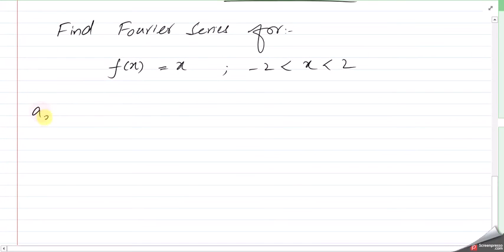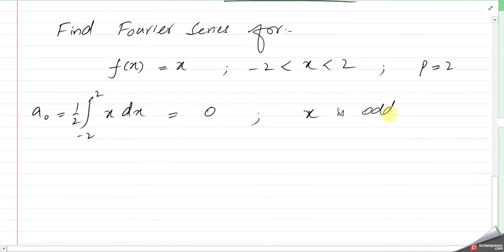Alright, a naught is 1 over 2 times the integral from minus 2 to 2 of x dx. As you can clearly see, p equals 2. Now x is an odd function. Clearly x is an odd function. So if x is an odd function, the integral from minus a to a of x should be 0.